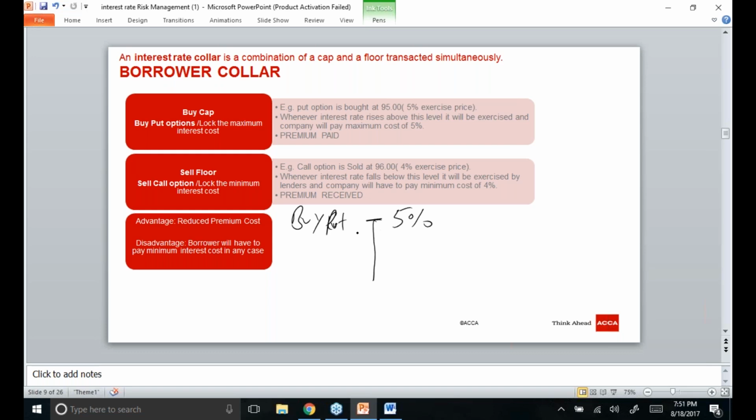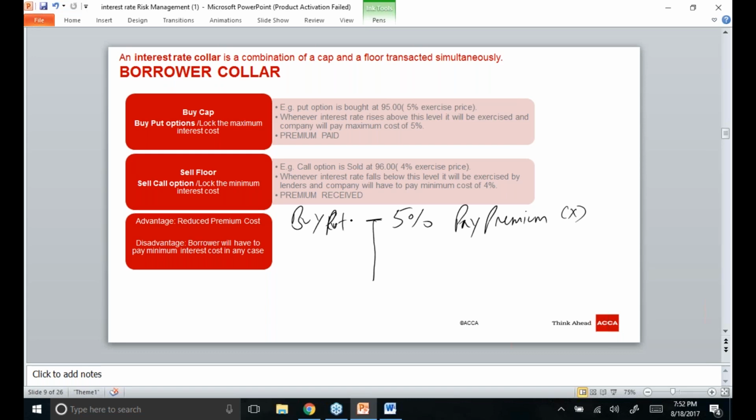Let's suppose you have bought the put option at 5%. Obviously you will have to pay a premium. That will be your cost. So what do we mean by this 5%? 5% means whenever interest rate goes up, you will maximum pay 5%, and whenever interest rates are down, you will leave the 5% and you will borrow at the lower rate.